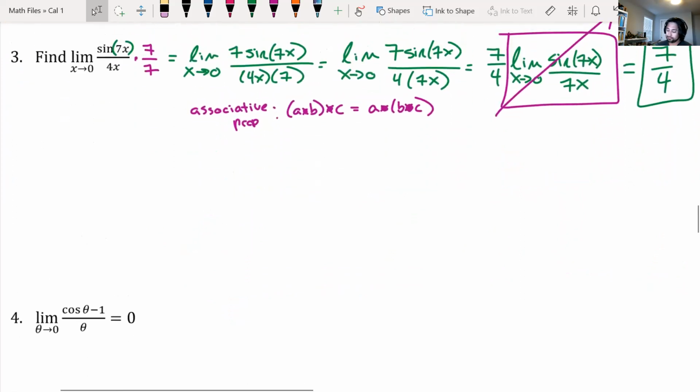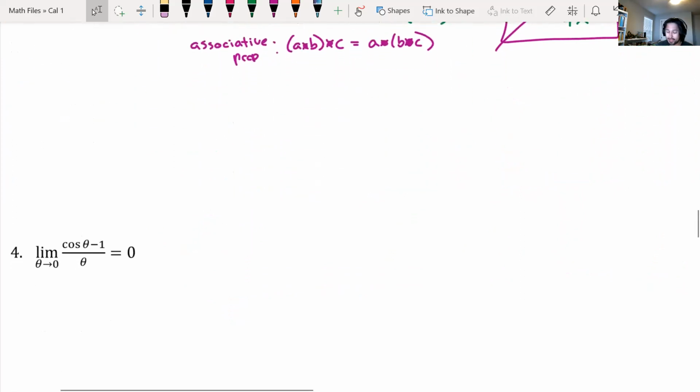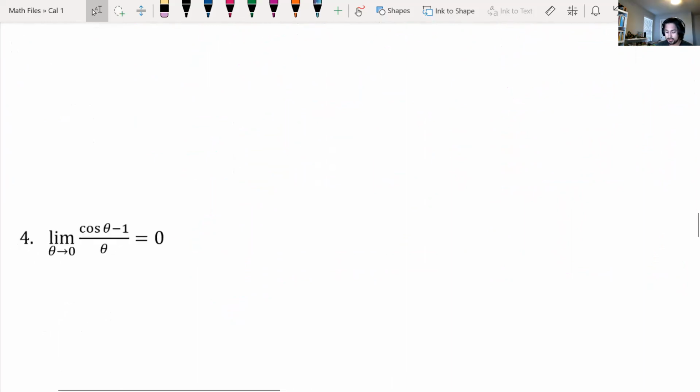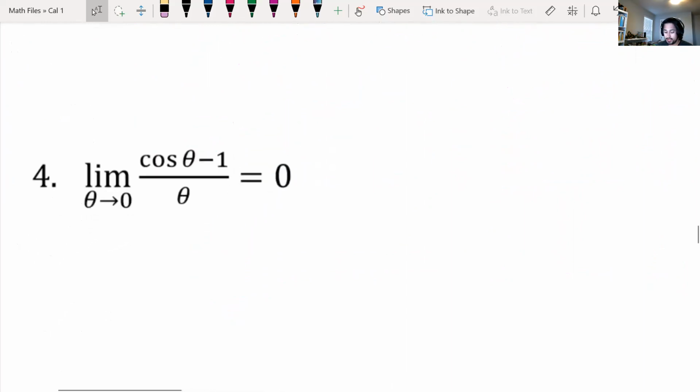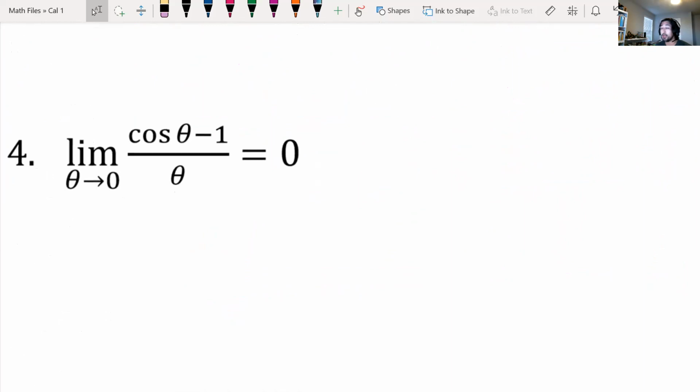All right. So for this next trig limit, number 4, it's asking us to prove that the limit as theta approaches 0 of cosine theta minus 1 over theta does in fact equal 0.